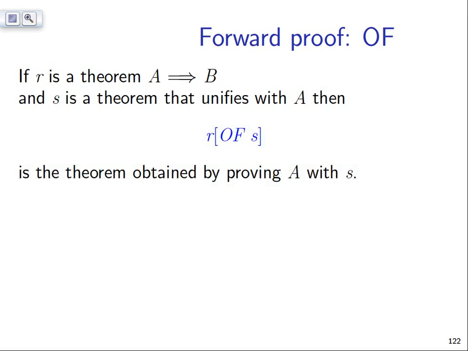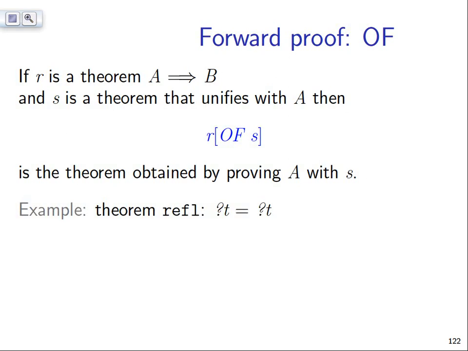So if you write this expression here, you use this rule and you're trying to prove the first premise of this rule with our fact S. So S is just a theorem that unifies with A, so it unifies with the premise of the rule, and therefore the whole thing should be something like B, except that it may be an instance of B, because A and B may contain variables, and when you unify the theorem S with A, some variables will get instantiated, and therefore you don't get B as it was originally, but you get an instantiated version of B.